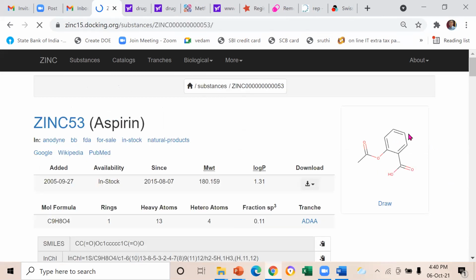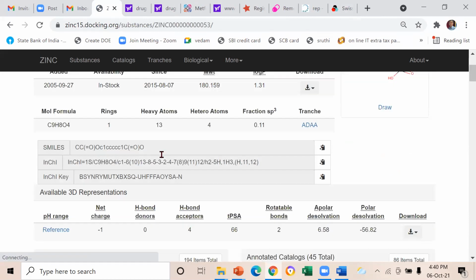How do I copy the structure of aspirin into Swiss ADME? There is a notation called SMILES. I'm going to explain SMILES to you later. We can copy the SMILES notation.